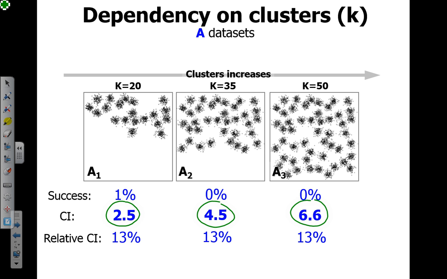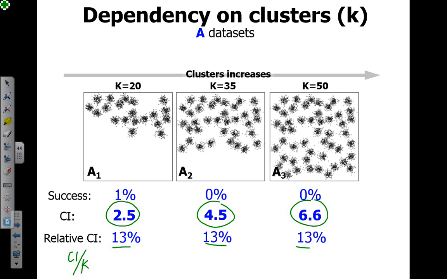But interestingly, you can also see that if we compare the relative CI, and by relative I mean CI divided by the number of clusters, how many percent of the clusters are wrongly allocated, it is pretty much constant. So this constant depends on the data, how much overlap there is between the clusters, how many data points, and whatever the affecting parameters there are.